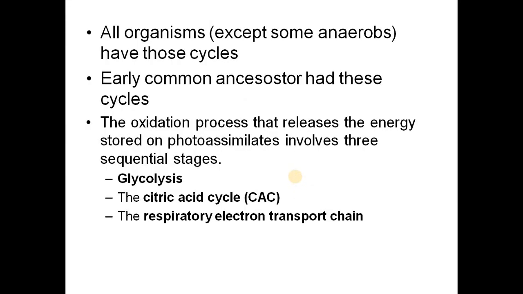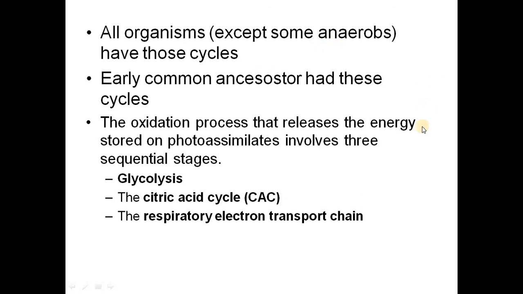And now, since we all come from a universal common ancestor, and our universal common ancestor had all these cycles, of course all organisms today, except anaerobic bacteria, which don't have a process of respiration, have the process of respiration.